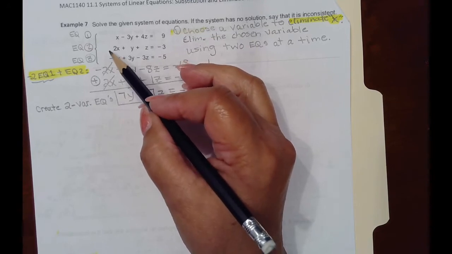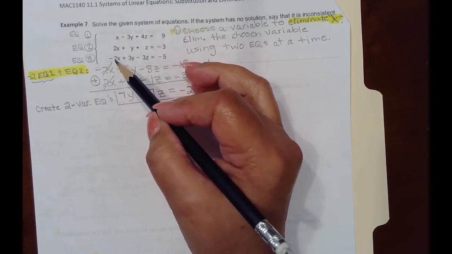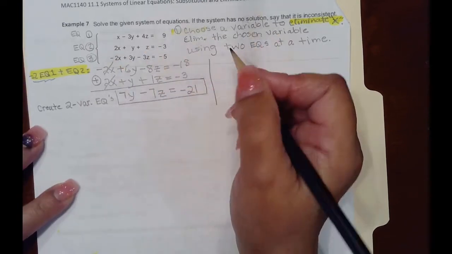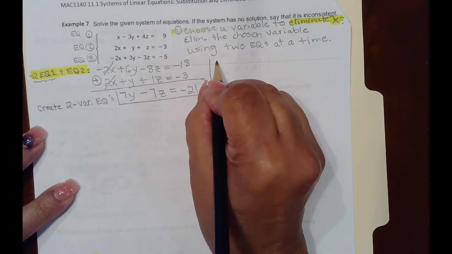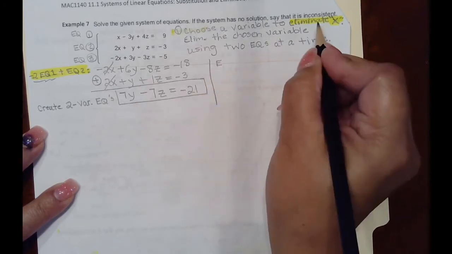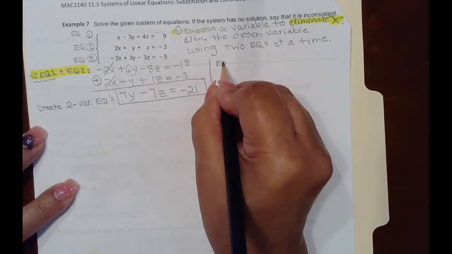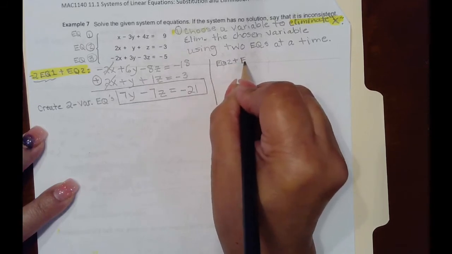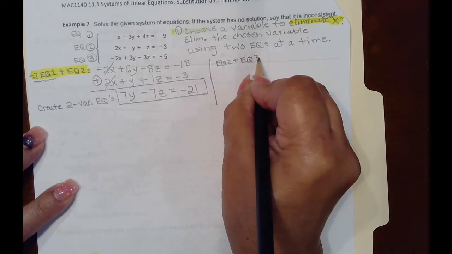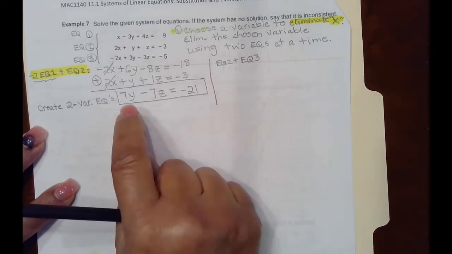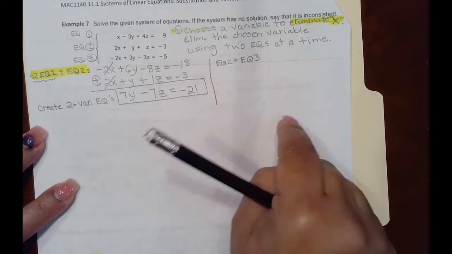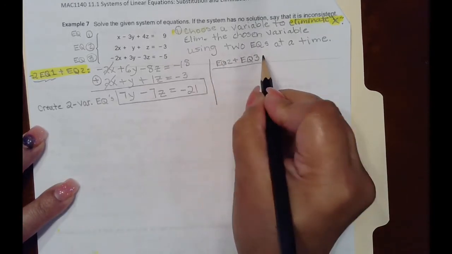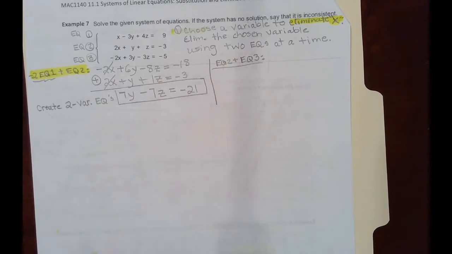So I don't have to create opposite signed coefficients because they're already there. So here's my plan: still trying to eliminate the column with x's, I'm just going to take equation 2 and add it to equation 3, thus creating another 2-variable equation.